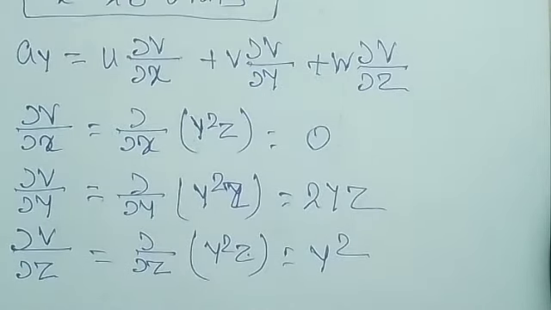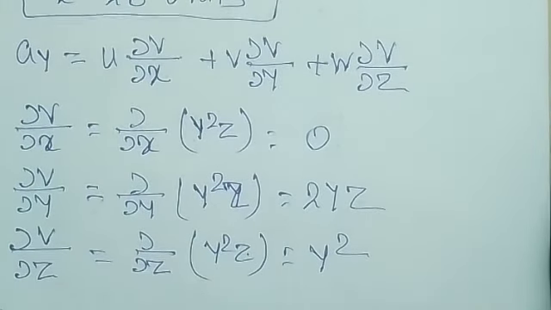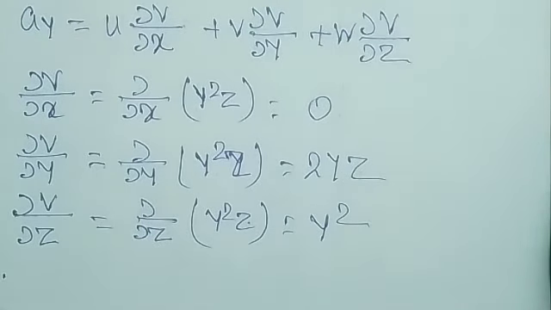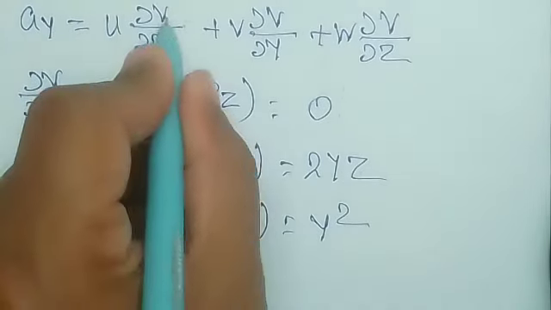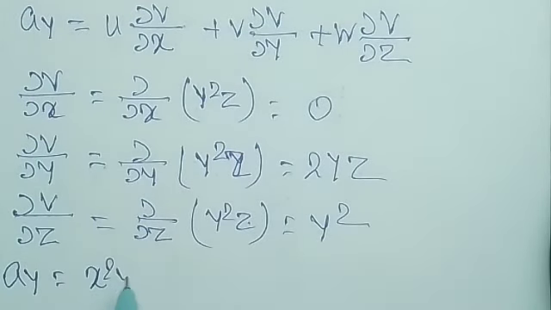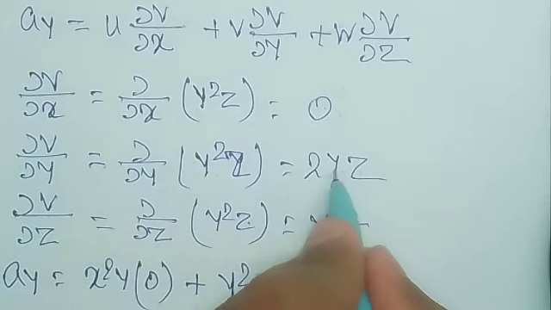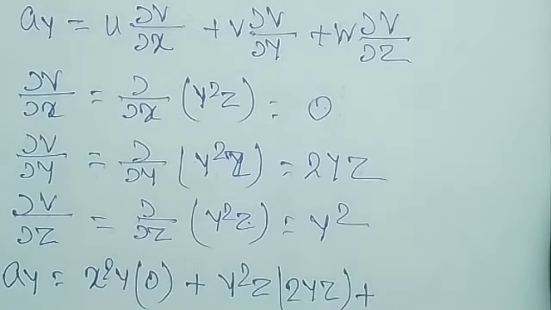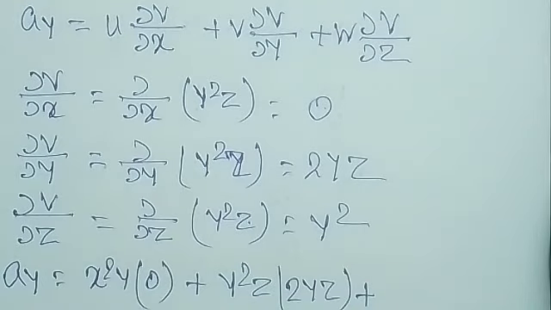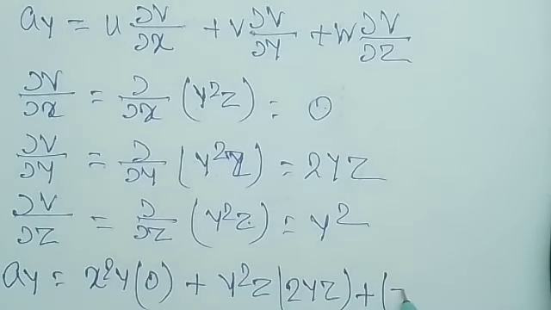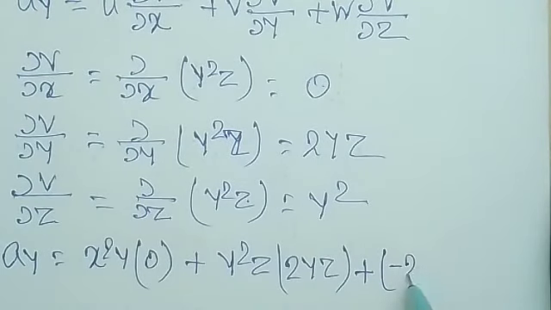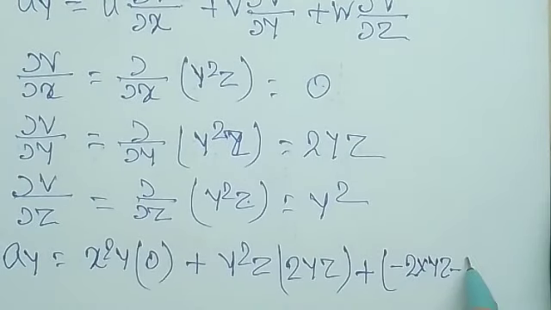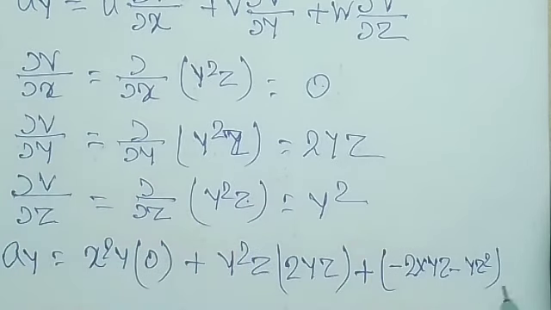Now ay is equal to this one. Let me show you: ay is equal to u into ∂v/∂x, where u is x square y and ∂v/∂x is 0, so it is 0, plus v into ∂v/∂y, where v is y square z and ∂v/∂y is 2yz, plus w, which is minus 2xyz minus yz square, into ∂v/∂z, which is nothing but y square.